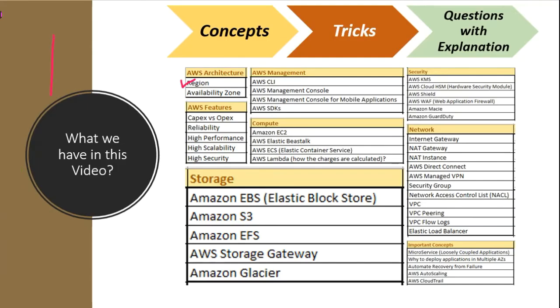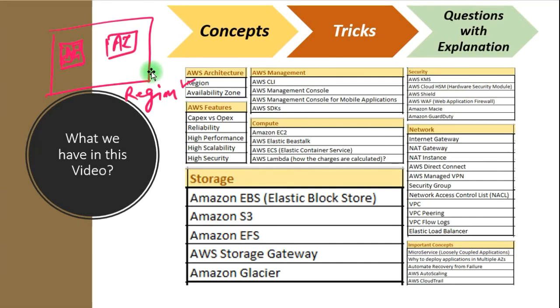So how is it structured? It is structured like this. If it is a region, then we have AZs under it, and these AZs are logical units where we have physical data centers inside, and these data centers have independent power, cooling, everything separate.